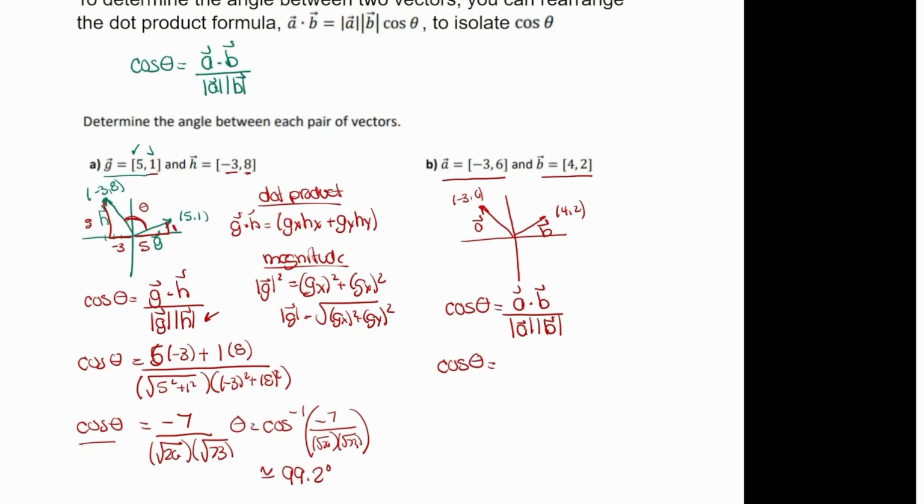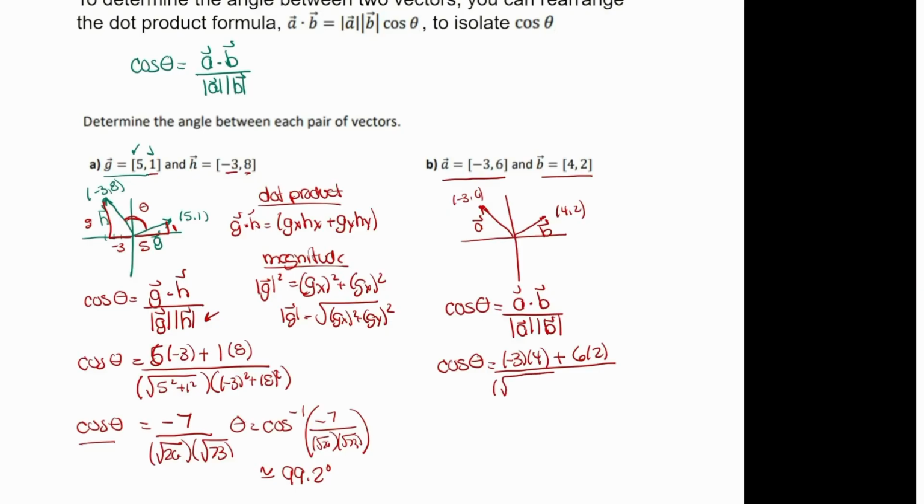So we know the dot product is our 2 x values multiplied together plus our 2 y values. So we have negative 3 times 4 plus my 2 y values, so 6 times 2, all over the magnitude of those two vectors multiplied together.